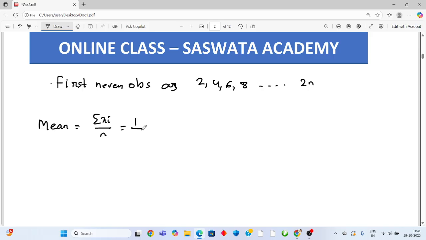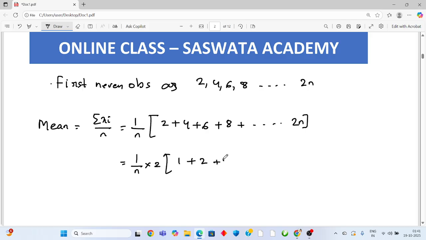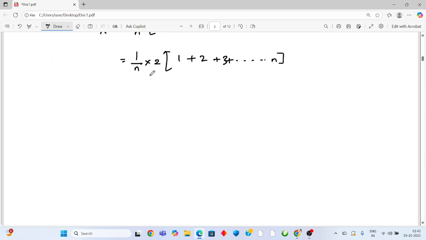If I take 1 by n common, we get 2 plus 4 plus 6 plus 8 up to 2n. Now if I take 2 common, I will again get the sum of first n observations, 1 plus 2 plus 3 up to n, right? So basically 1 by n into 2, again using that formula, times n into n plus 1 by 2. So we are getting the mean as n plus 1.